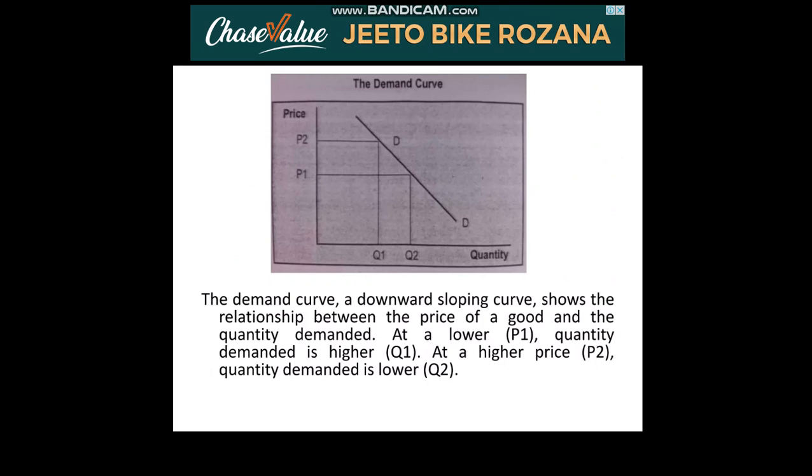The demand curve, a downward sloping curve, shows the relationship between the price of a good and the quantity demanded. At a lower price P1, quantity demanded is higher, Q1. At a higher price P2, quantity demanded is lower, Q2.